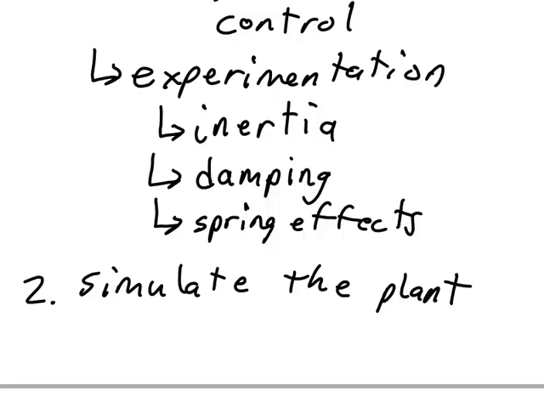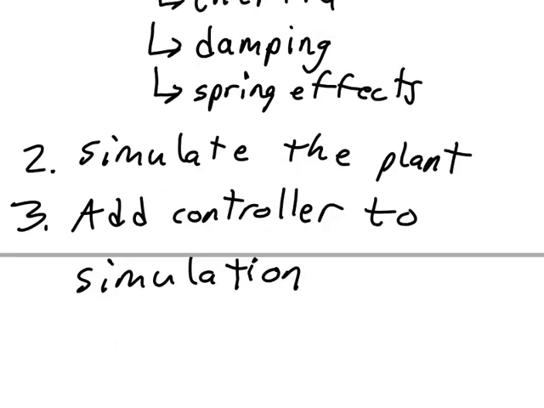Once we create our simulation of just the plant, we can then work our controller into the simulation. Some software packages like MATLAB or Simulink have built-in simulation tools to add standard controllers like PID controllers into a simulation that we've built of our plant, our system.